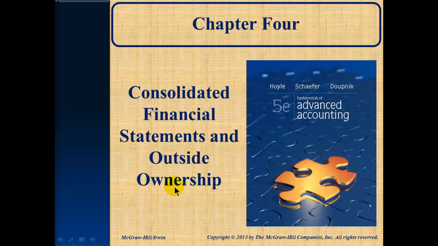Okay, welcome everyone. And now we're going to add one more layer of complexity. That seems to be what we keep doing here. Going through chapters 1 through 3, we started out with just simple equity method in chapter 1. And chapter 2, it was the consolidation on the exact date that we bought the 100% ownership of a subsidiary.